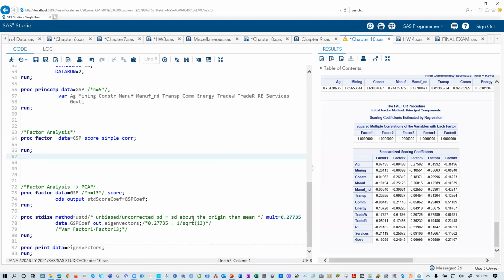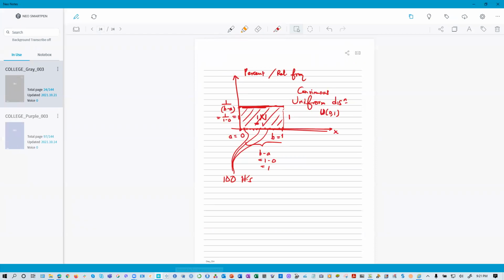You get the standard deviation about the origin rather than the mean. But you can remember, when you calculate any standard deviation, you can easily use the standard deviation formula.